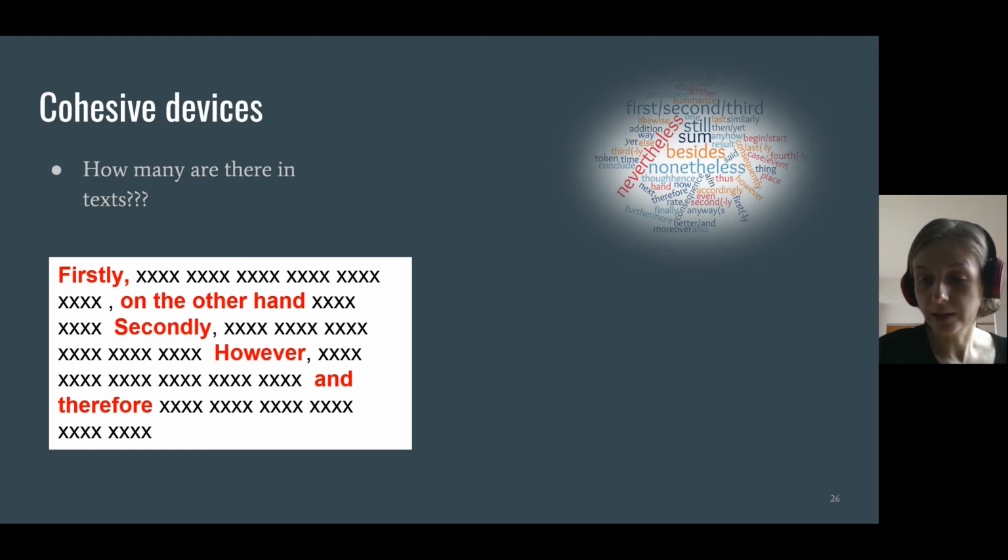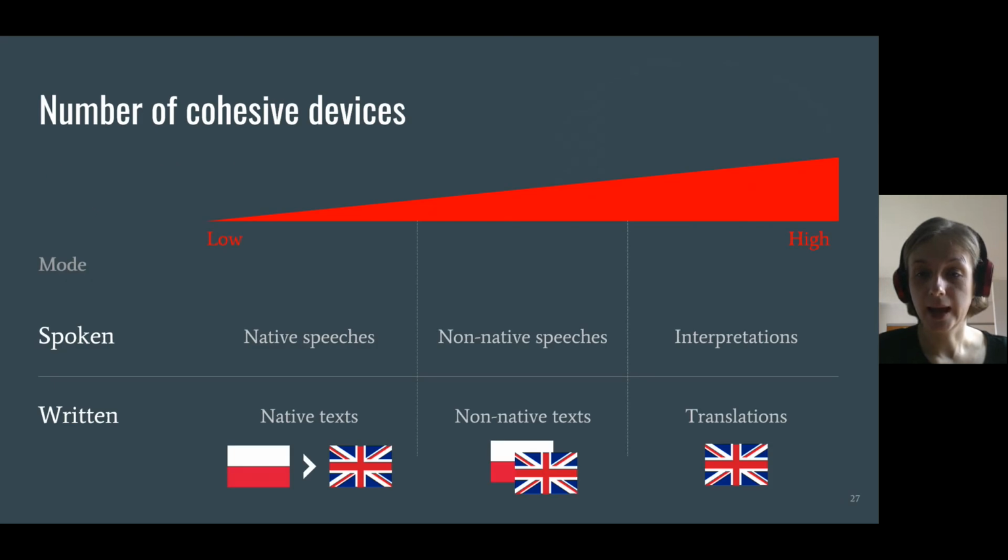So I was calculating how many times these cohesive devices appeared in the text. And it turns out that interpretations and translations use cohesive devices most frequently. The number of cohesive devices is also greater in non-native speeches than in native speeches.